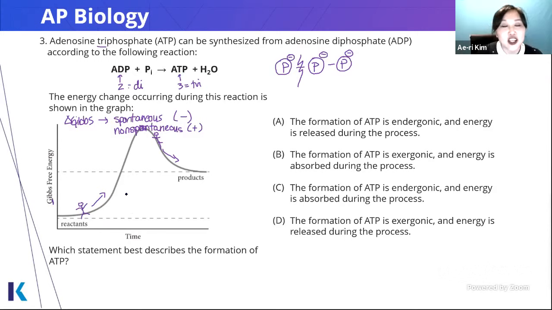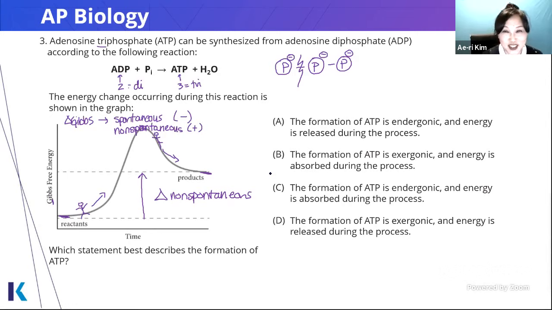In order to calculate your Gibbs free energy, all you have to do is look at start and end, right? And so if this is an increase, your reactants are at a lower Gibbs free energy than your products, this is what we call a non-spontaneous process, okay?